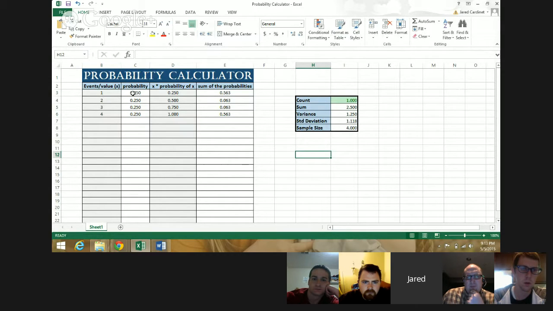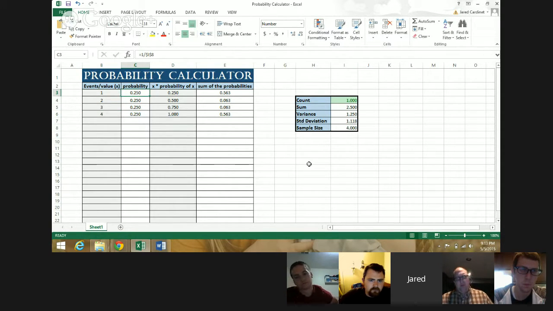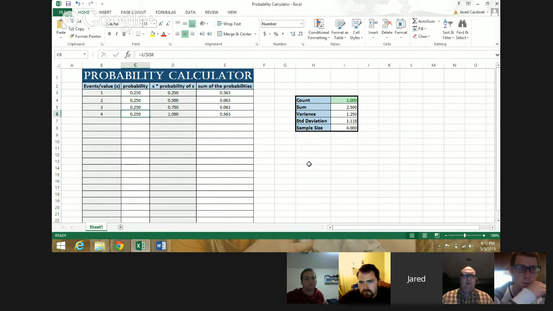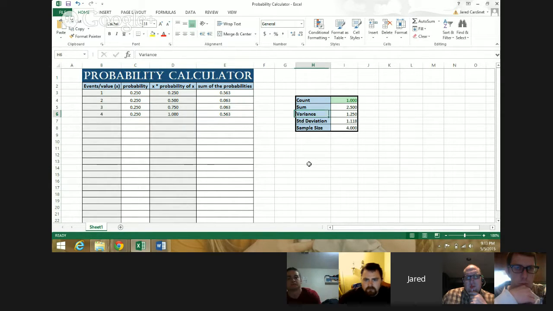In case you don't know how you did that, there are 4 events, and you take the probability of each event, which is 1/4. You get a 1, a 2, a 3, and a 4, and then you multiply that probability by the event itself. That's how you get these numbers, and then you add them up and you get the mean.